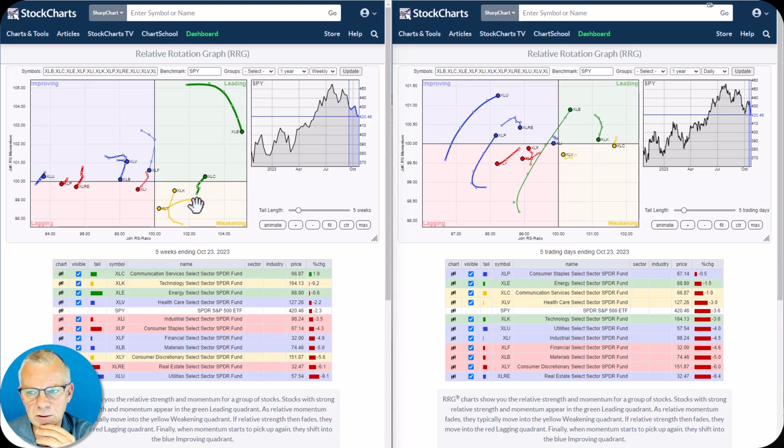So they're not confirming the strength that we see on the weekly. So again, it's a big question now whether these tails will make a very rapid rotation and start to align with the weekly again, or will these move back here and eventually, but that's going to take a little while, make these tails here on the weekly turn around and start moving towards the lagging quadrant.